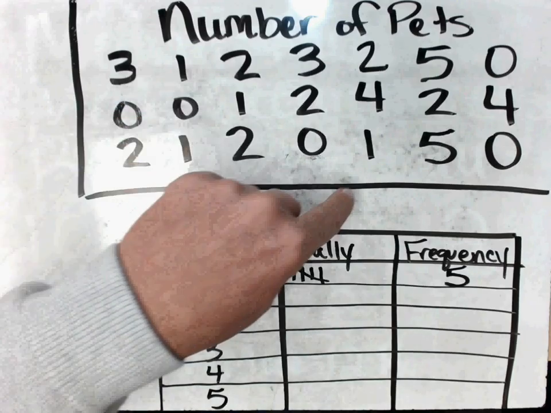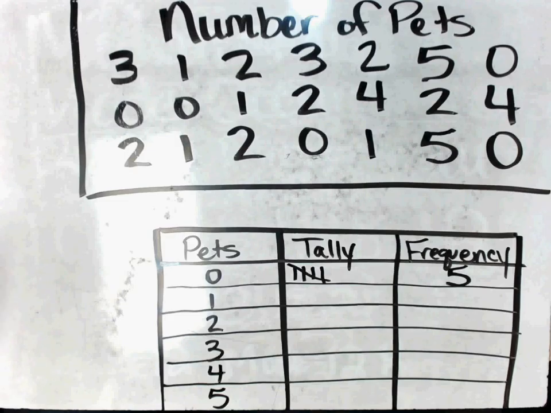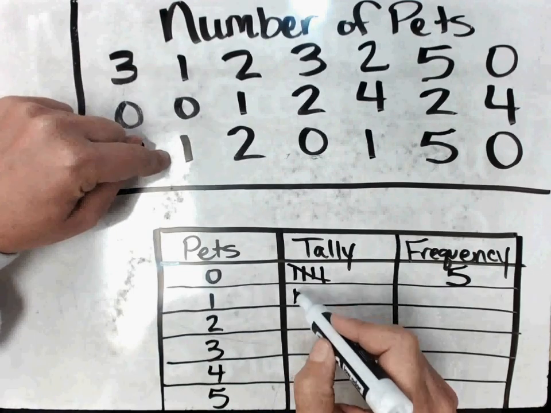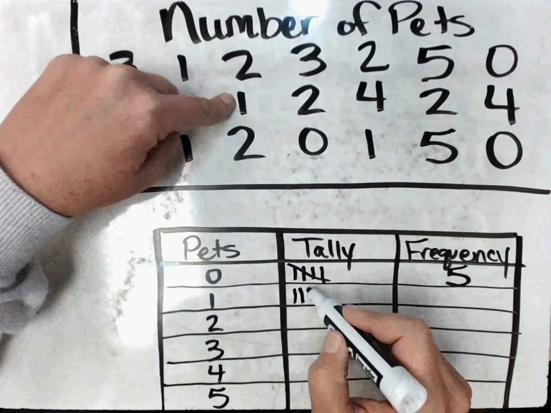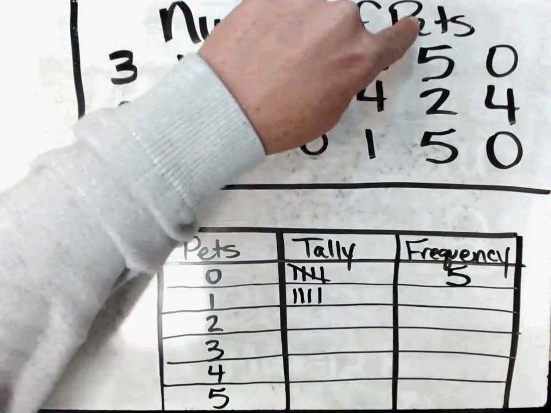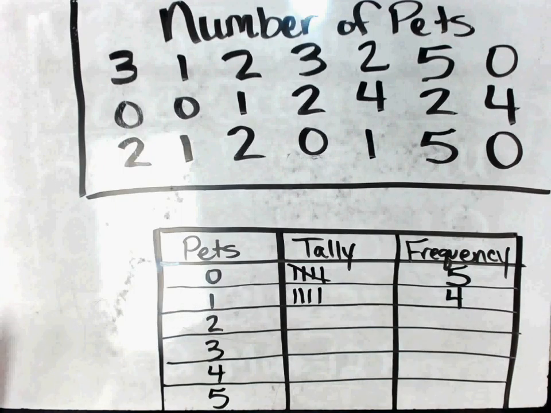It occurred 5 times in my set of data. Okay, now we'll look at the 1 pet, excuse me. So 1, there's no 1s in the first column, 2 in the second column, 1 in the third column, none in the fourth, 1 in the fifth, none in the sixth or seventh. So altogether it had a frequency of 4.